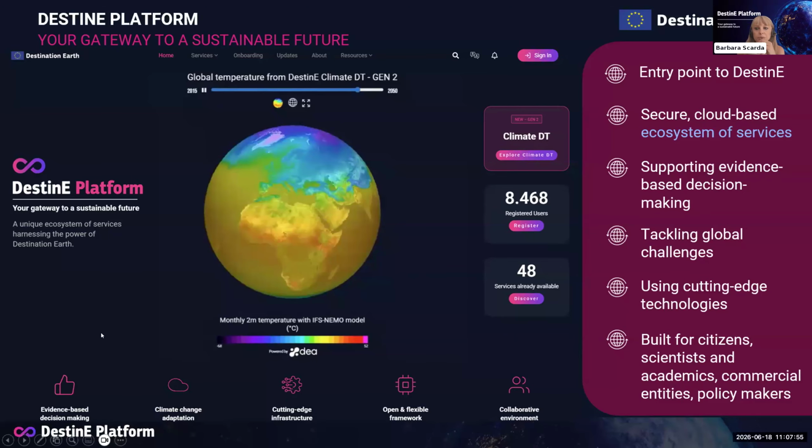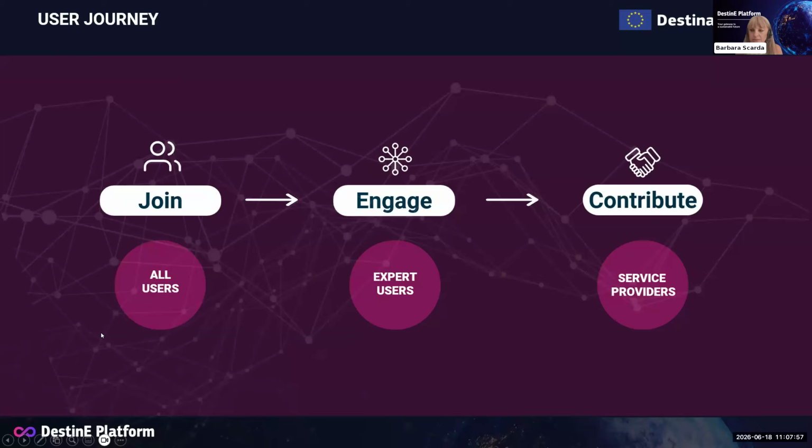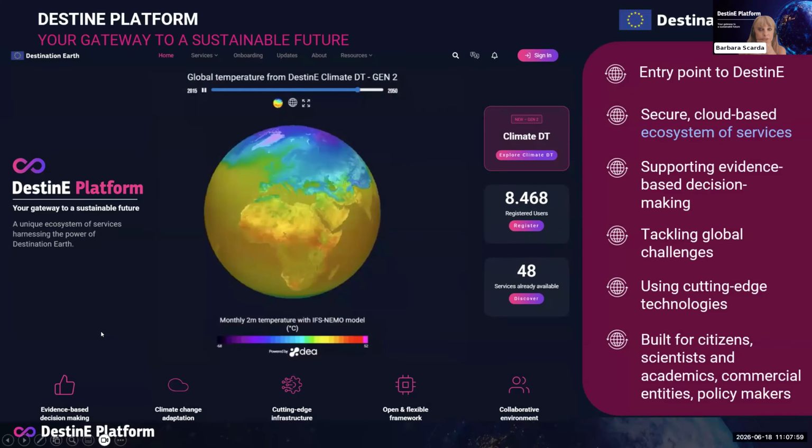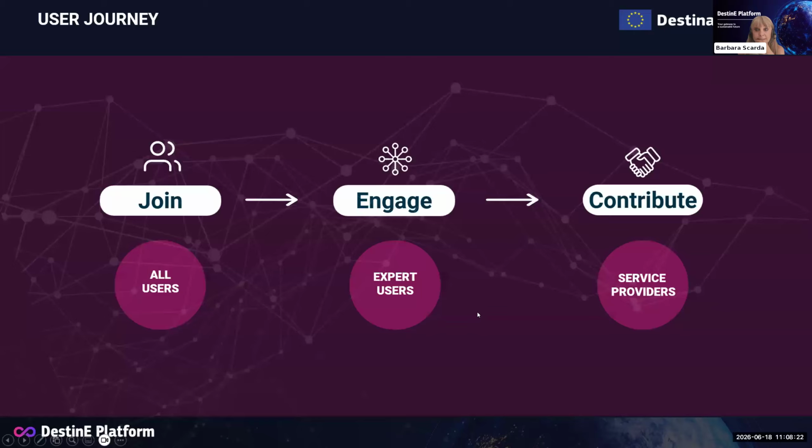It's designed to provide access to an ecosystem of services supporting evidence-based decision-making by tackling global challenges, that is to turn data into climate and environmental actions using advanced technologies. And it's built for a broad community that includes scientists, academia, but also policymakers and citizens.